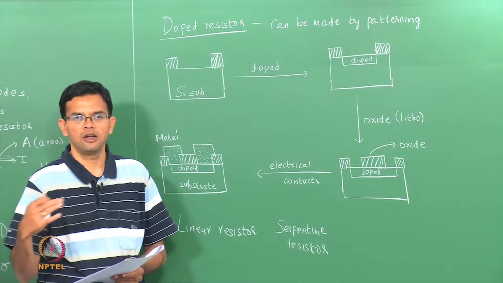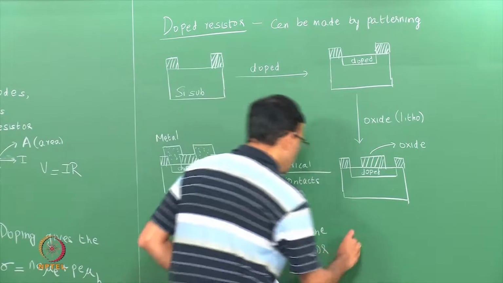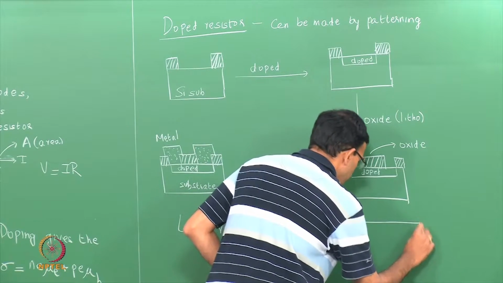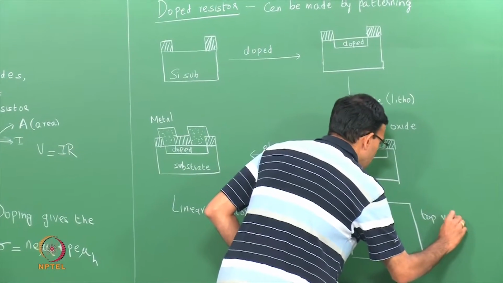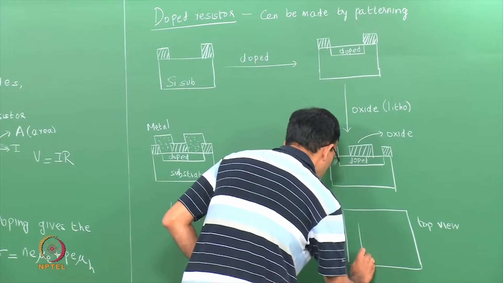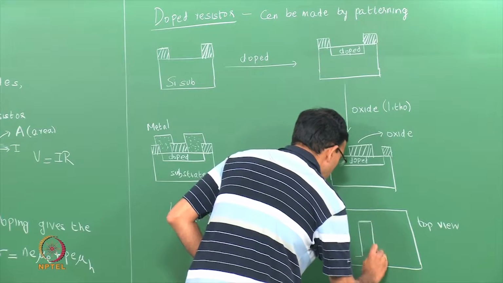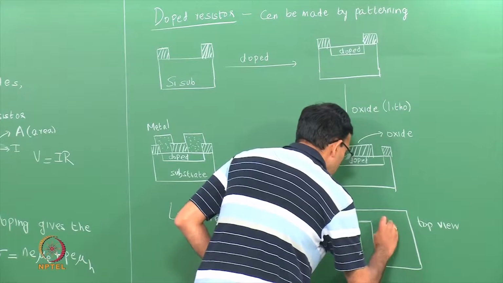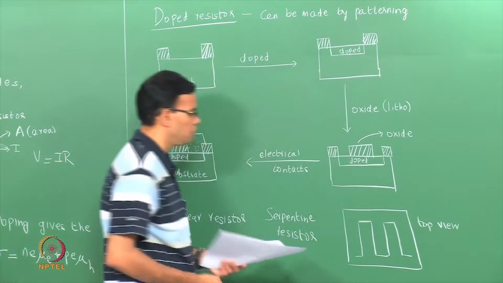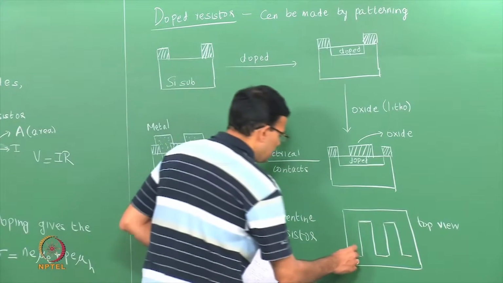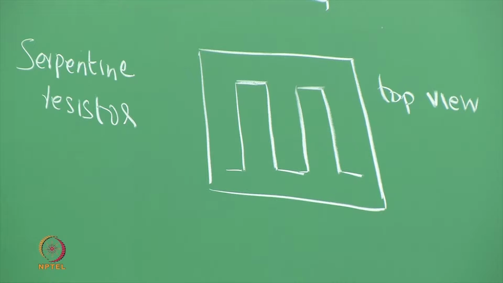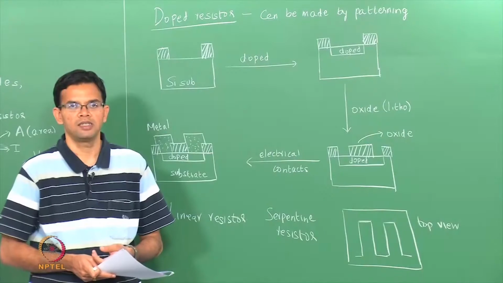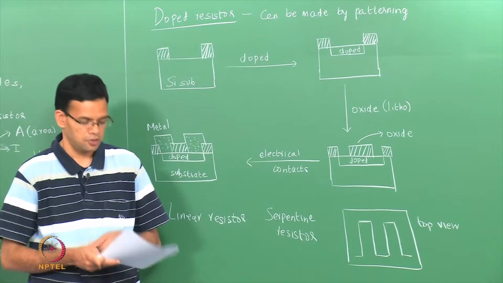So, if your pattern is not linear, but in a serpentine fashion, so just looking from top, you could create a line where the line essentially goes in a serpentine fashion, and you could again create a serpentine resistor. So, the different resistor designs basically depend upon the complexity of the lithographic mask you use.